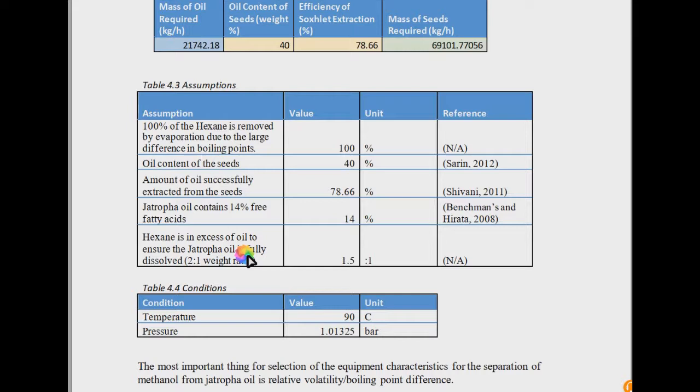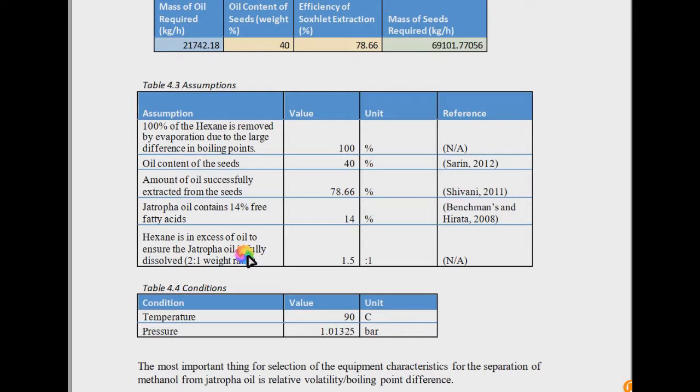So the oil inside the seed diffuses through the pores or the surface of the seed and comes out into the mixture, and then the solvent, n-hexane or ethanol, will dissolve that oil.